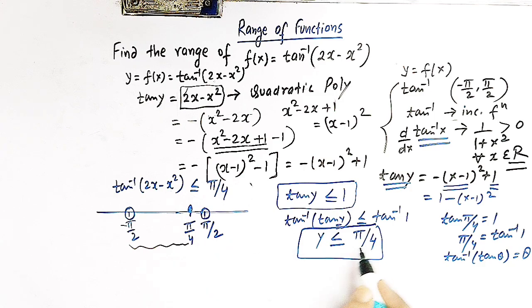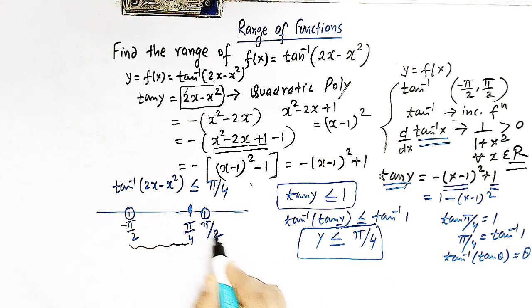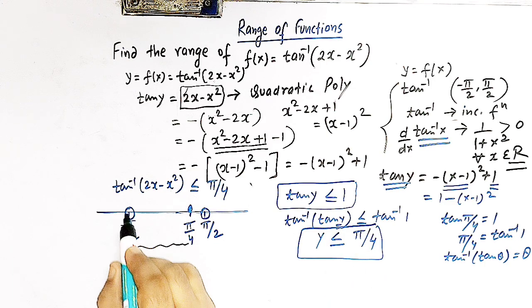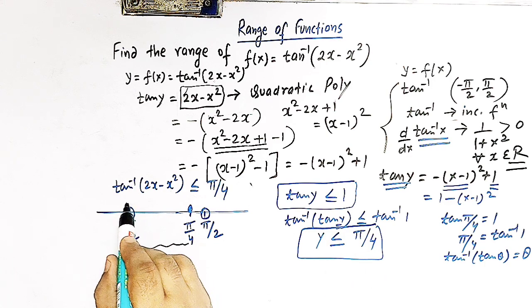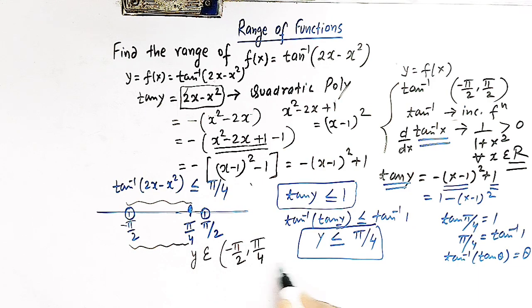So we have located pi by 4 in between minus pi by 2 and pi by 2, and y less than or equal to pi by 4 suggests that we have to consider only this interval. So y belongs to the interval minus pi by 2 and here pi by 4, because here the equality sign holds, right?